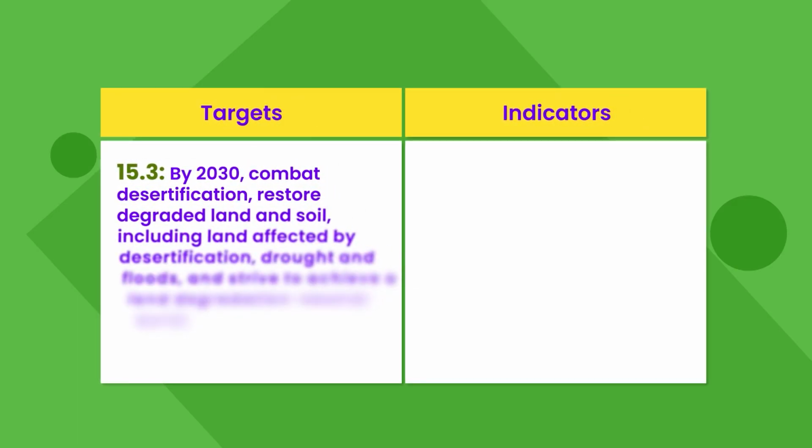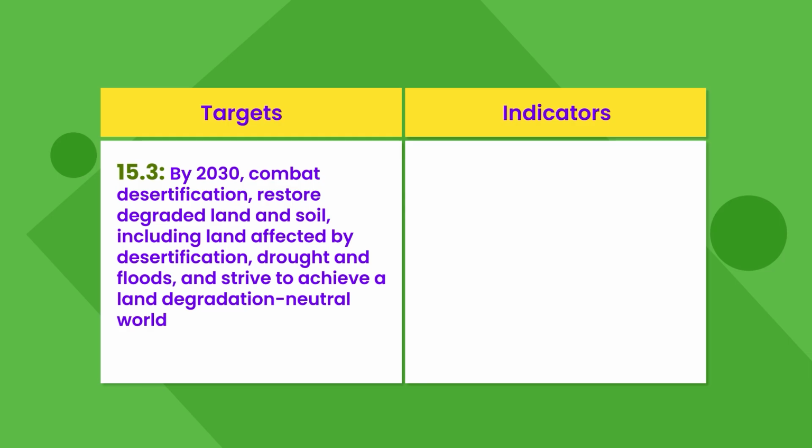The third target of SDG 15 is combating desertification, restoring degraded land and soil. This includes land that is affected by desertification, drought and floods, and striving to achieve a land degradation neutral world.